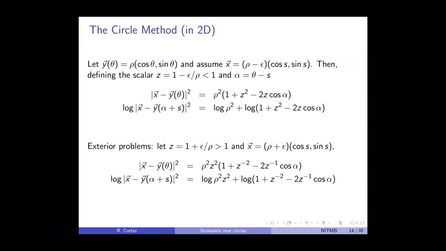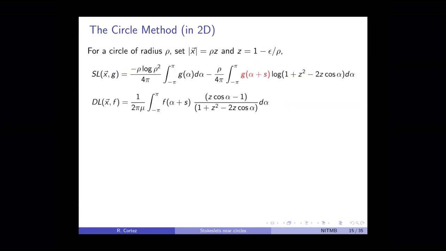Rho is the radius of the circle. And I'm going to use some expansions in z, so I need z to be less than 1. So this is why there's a difference between the exterior problem and the interior problem. But otherwise, they're similar. And if I write the single and double layer potential for the circle, I have these expressions. So these are going to become the two things that I want to compute.